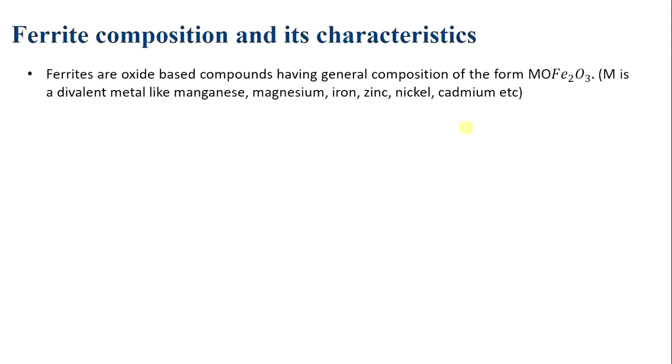Ferrites are oxide-based compounds having general composition of the form MO·Fe2O3, where M stands for metal and O stands for oxide, where this M is a divalent metal like manganese, magnesium, iron, zinc, nickel, cadmium, etc. And you can see over here this ferrite is a combination of metal oxide and this ferric oxide. These materials have larger spinning electrons, and because of this they possess higher magnetic properties.